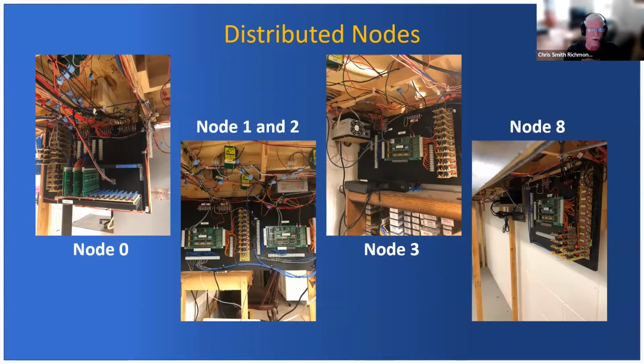Now, I was deliberate not to go into how this stuff is wired up, how it's built, how it's all hooked together, but this gives you an idea of what can be involved in a layout control network, and specifically CMRI in my case. There's a lot more wiring under the layout than the layout might give away.